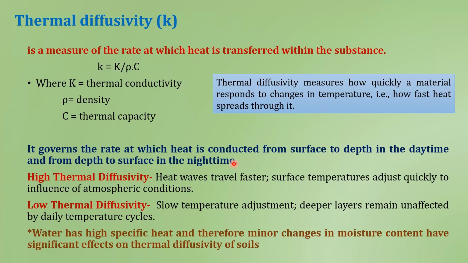In materials having high thermal diffusivity, heat waves travel faster and the surface temperature adjusts quickly to the influence of atmospheric conditions, while in materials having low thermal diffusivity, there is slow temperature adjustment, meaning deeper layers remain unaffected by the daily temperature cycles. And as we know that water has high specific heat, minor changes in the moisture content have a significant effect on the thermal diffusivity of soils.